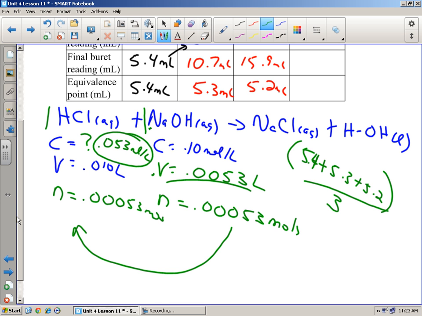But I tried to make 0.05 molar hydrochloric acid, so we're off by 0.003 of a mole per liter. If you do the percent error on that, which we'll talk about on Friday, you'll see that that's pretty close. There's probably less than 1% error. It's very, very accurate, guys. When you're going drop by drop, it's very, very accurate.